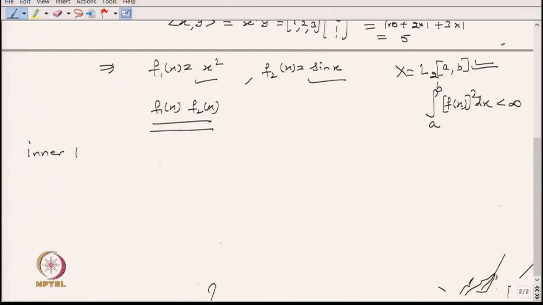So, let us define the inner product. This is the definition.